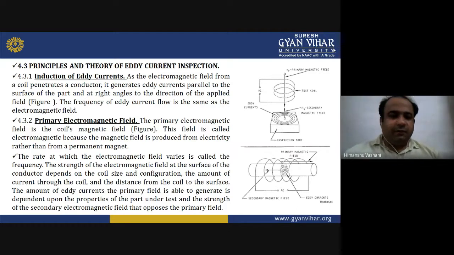The primary magnetic field is the coil's magnetic field. This field is called electromagnetic because the magnetic field is produced from electricity rather than from a permanent magnet. The rate at which the electromagnetic field varies is called frequency, and the strength of the electromagnetic field at the surface of the conductor depends on the coil size, configuration, the amount of current through the coil, and the distance from the coil to the surface.